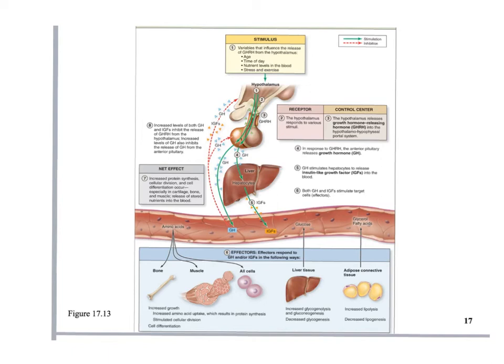The relationship that happens: growth hormone is released from the anterior pituitary, targets the liver in this case, and you get production of all these things, and then you have a multitude of different effectors as well. So either growth hormone can work directly on cells to elicit responses, or it can also work indirectly through the production of IGFs, insulin-like growth factors.